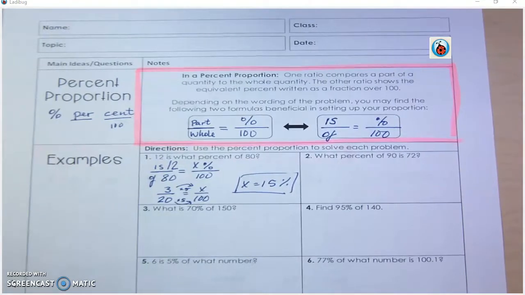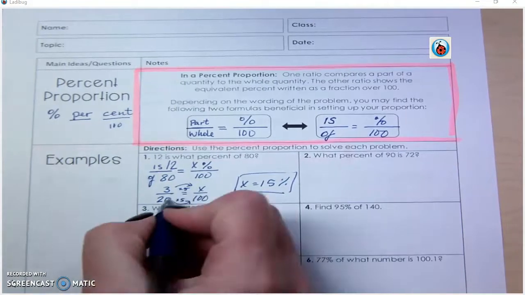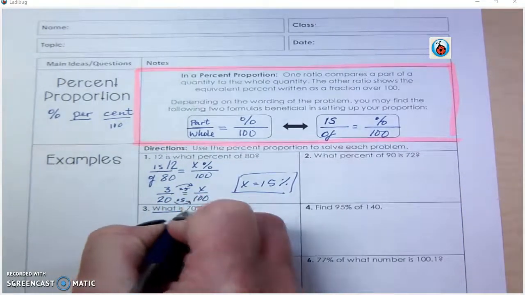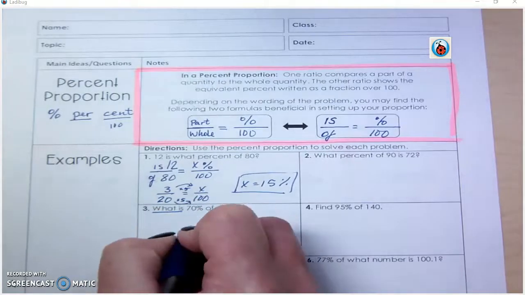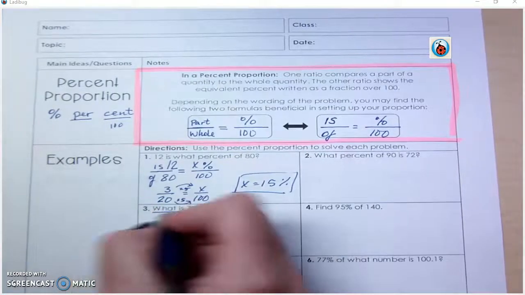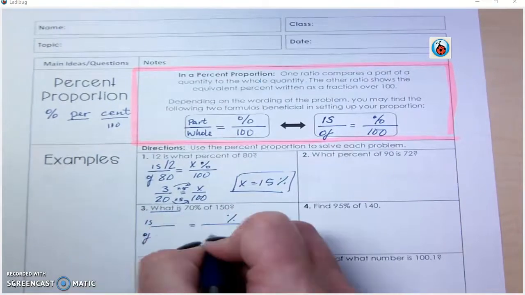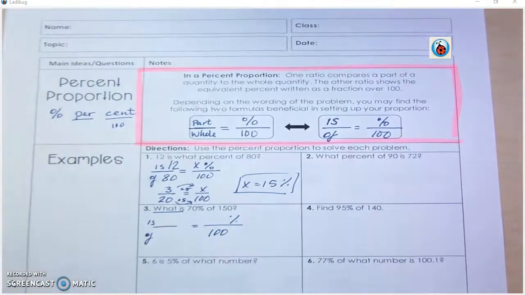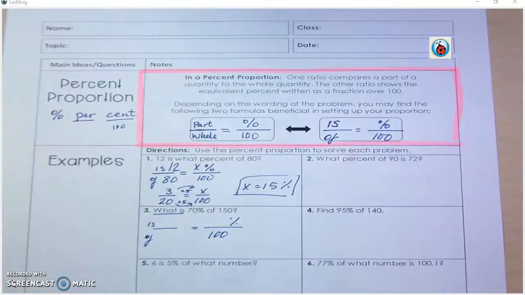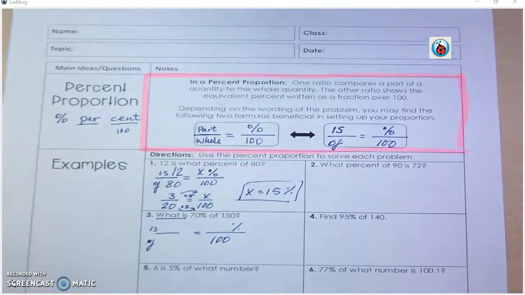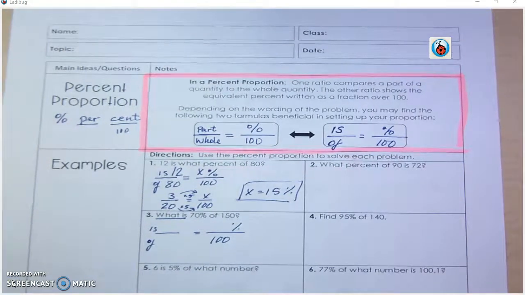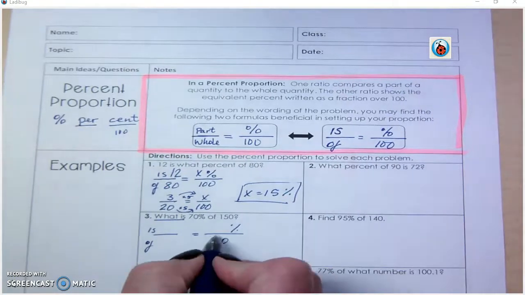Let's take a look at question 3, one other example. What is 70% of 150? Part over whole equals percent over 100. You notice that in your questions you're given two numbers, but you have to fill out proportions that have 4 numbers. You are only given 2. Your third number is always 100.